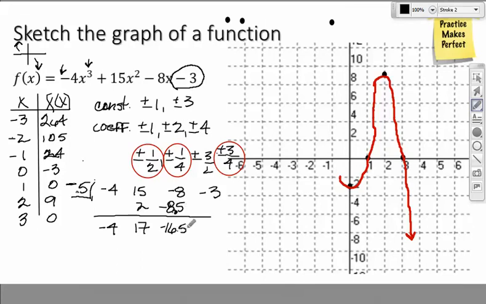I get -16.5, and then I multiply that by -0.5. That gives me 8.25, minus 3 gives me 5.25, or 5 1/4, however you want to write that out. So I know that since I have a remainder there, 0.5 is not my zero. So that's gone. So now I'm going to do the quarter.